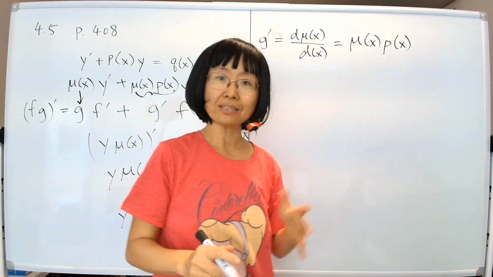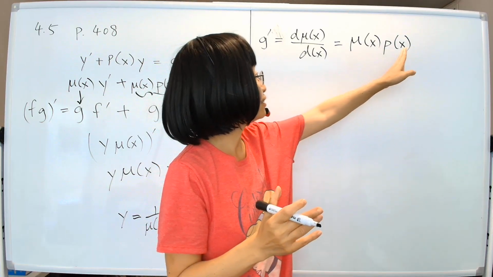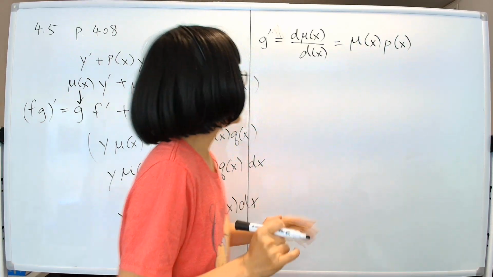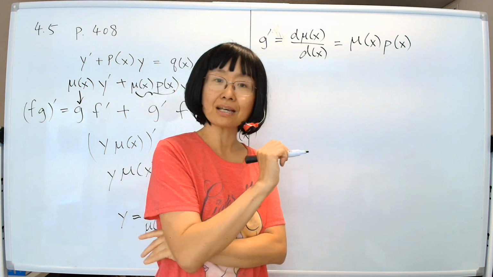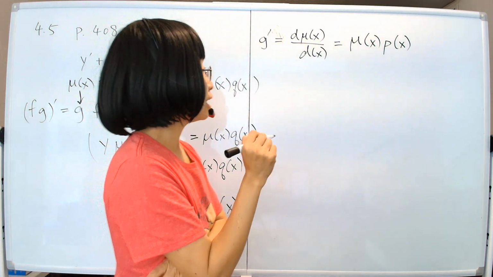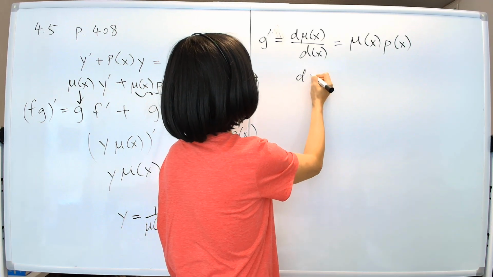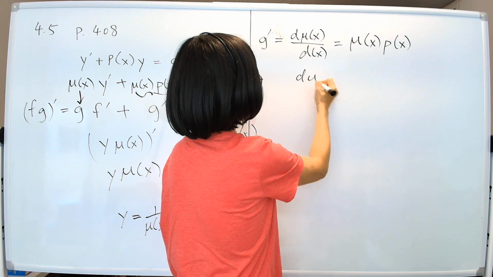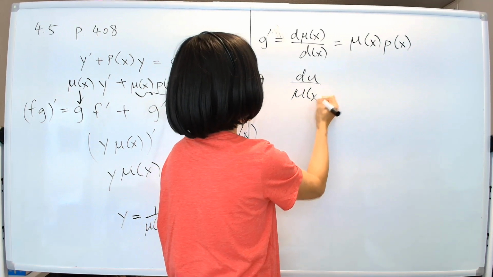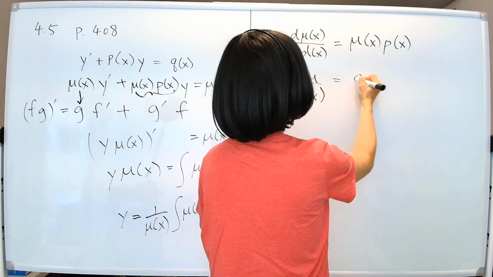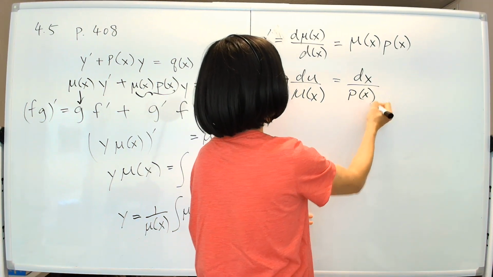What is that? Well, that is a separable differential equation, right? You have two chunks all neatly broken up. So then we will use the standard trick for solving this kind of problem. We have d mu over mu of x, same thing we did in the previous section, dx on this side and p of x on this side.